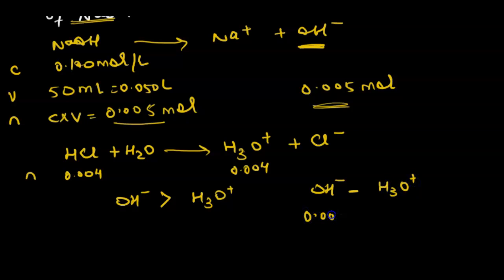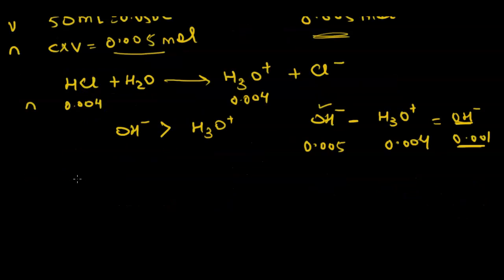Hydroxide ions are 0.005, hydronium ions are 0.004. That would give us 0.001. However, this is now hydroxide ions, not hydronium ions, because these are higher than this. So now in the titration flask, we have 0.001 moles of hydroxide ions.